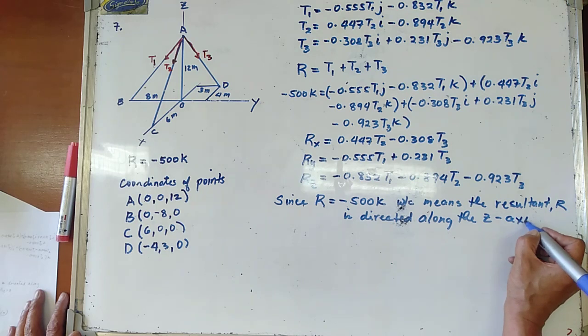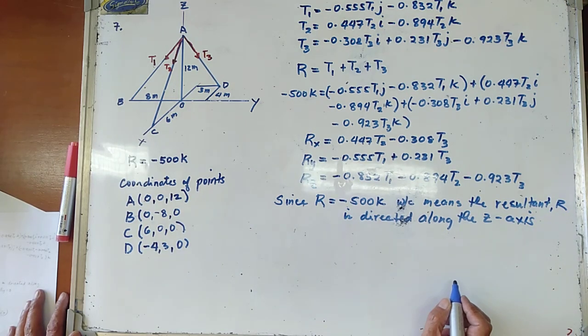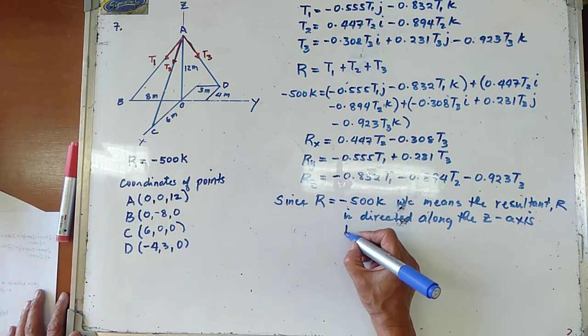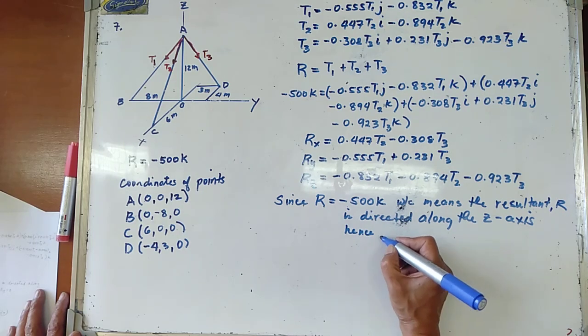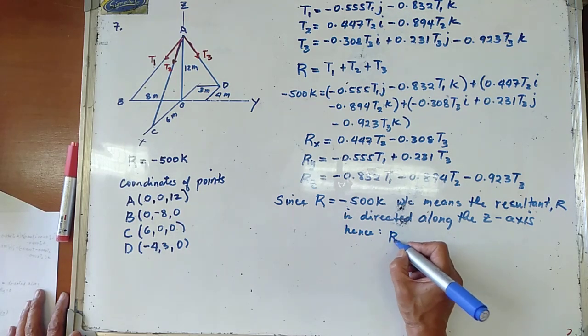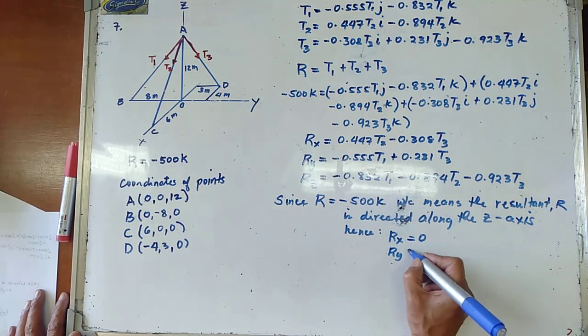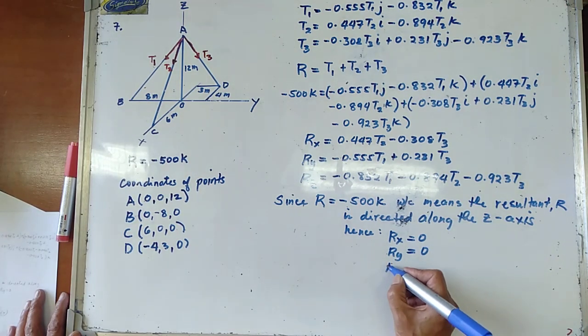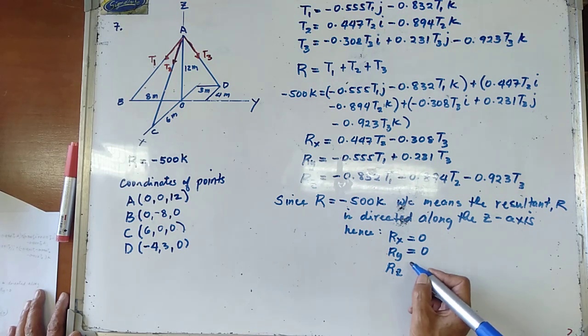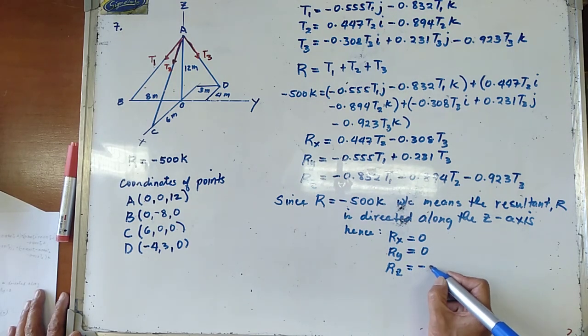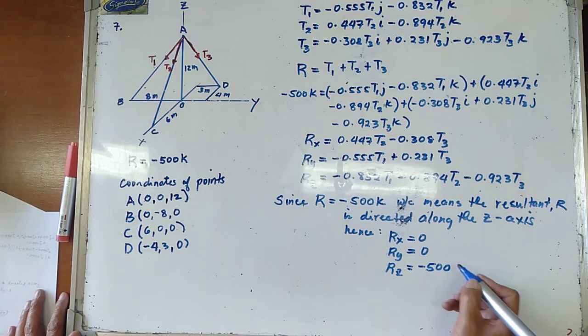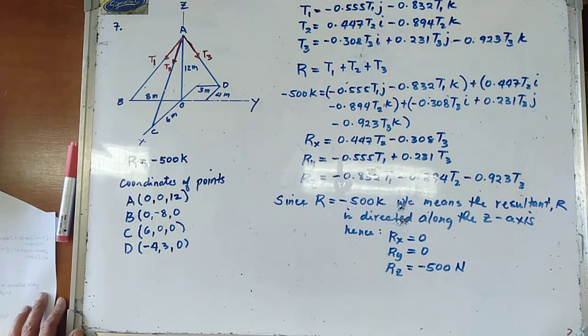It is directed along the Z axis. Hence, Rx is equal to 0, your Ry is equal to 0, and Rz is equal to negative 500. So it's equal to negative 500 newtons.